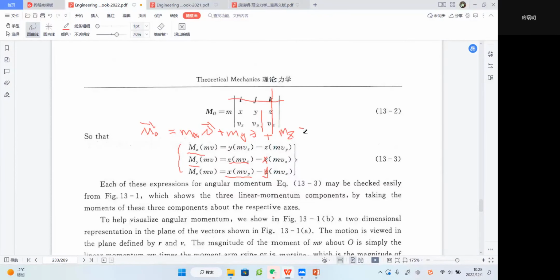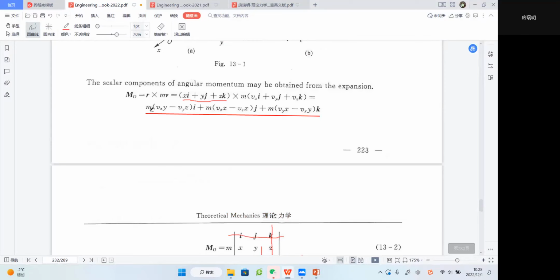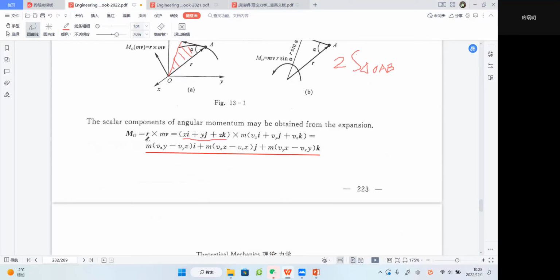So this is k. I wonder if you still remember the relationship we learned before between the moment of a force in space to a point and its moments to three axes, where the origin point is the same point. That means the three components of the moment of a force about point O, M_O(F), are the moments of the same force about the x-axis, y-axis, and z-axis.